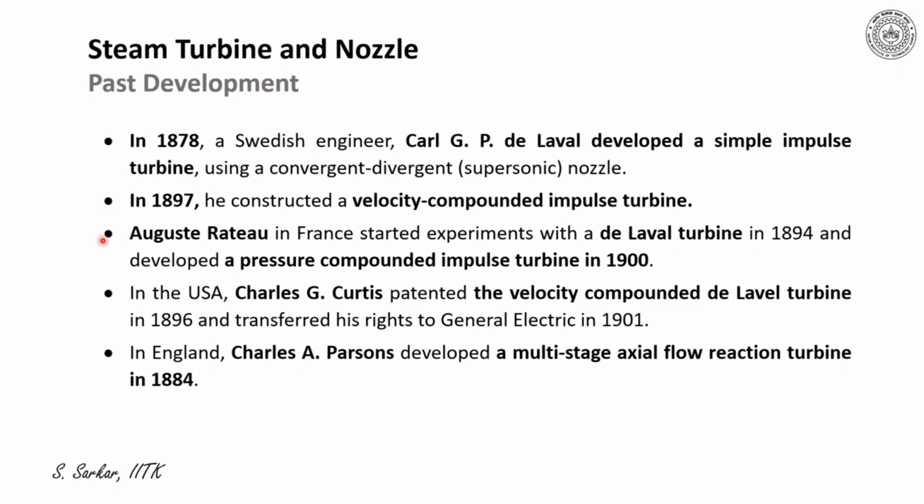Auguste Rateau in France started experiments with the de Laval turbine in 1894, and he developed a pressure compounded impulse turbine in 1900. In the US, Charles G. Curtis presented the velocity compounded de Laval turbine in 1896 and transferred his right to General Electric in 1901.